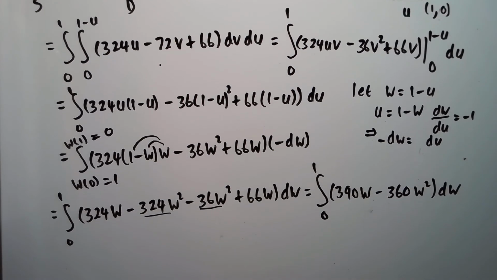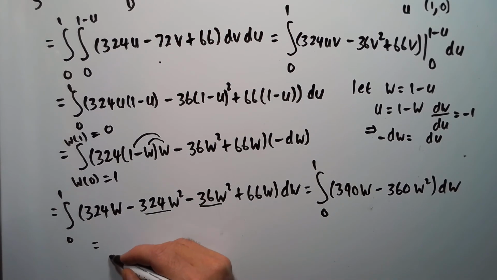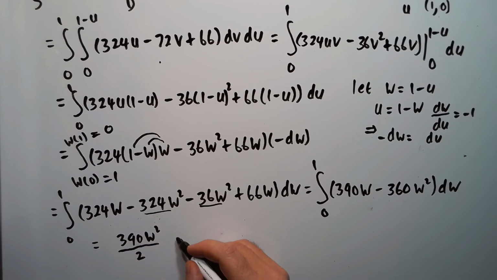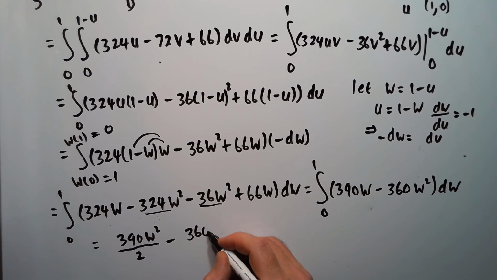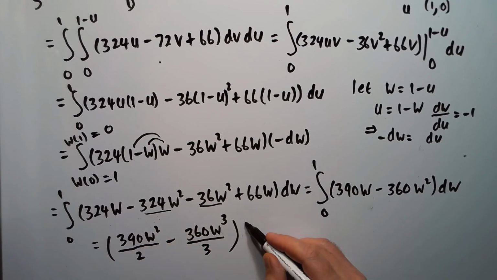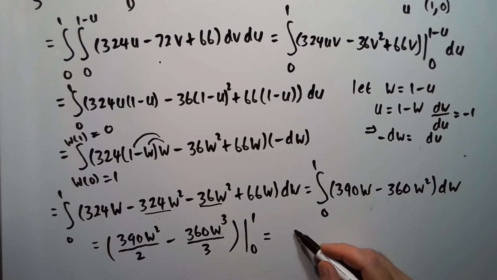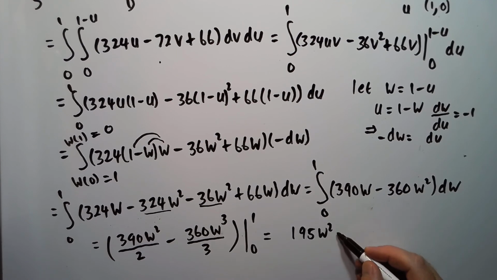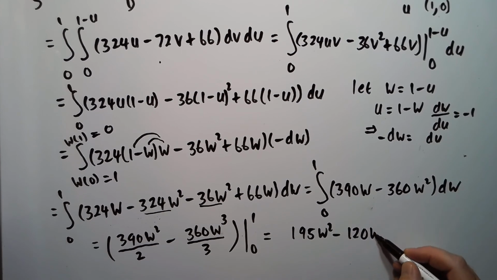Okay, so let's now integrate this. I'll get 390 w squared over 2 minus 360 w cubed over 3, evaluated at 0 and 1, and that's then 195 w squared minus 120 w cubed, evaluated at 0 and 1.